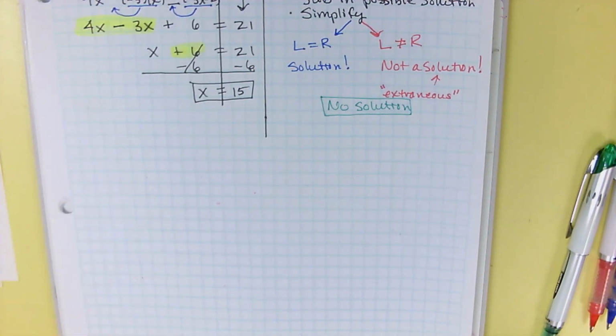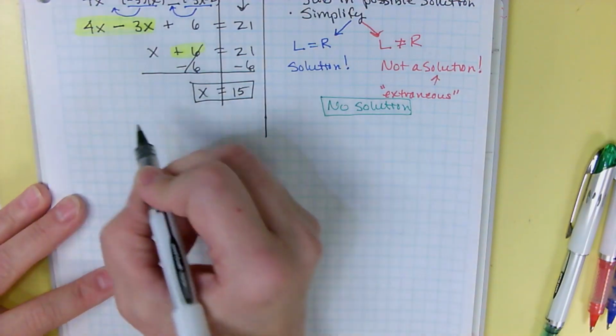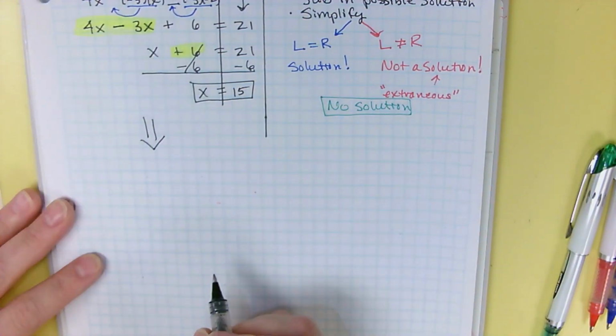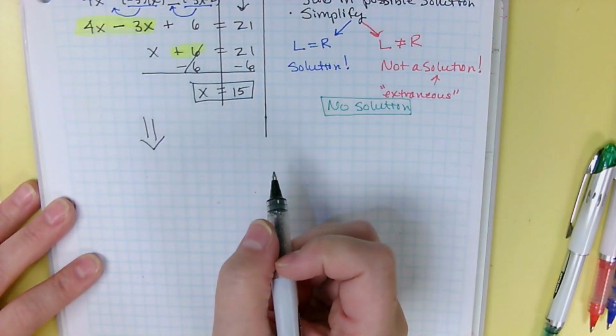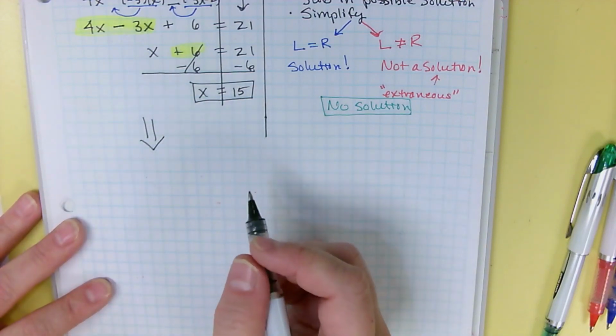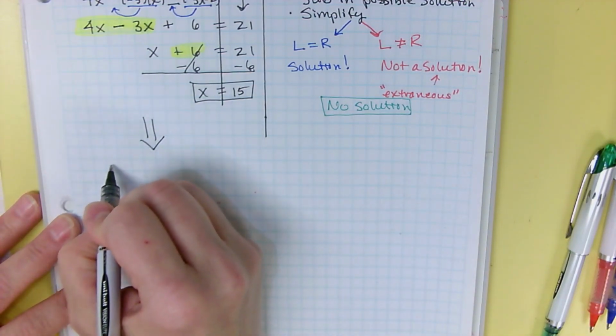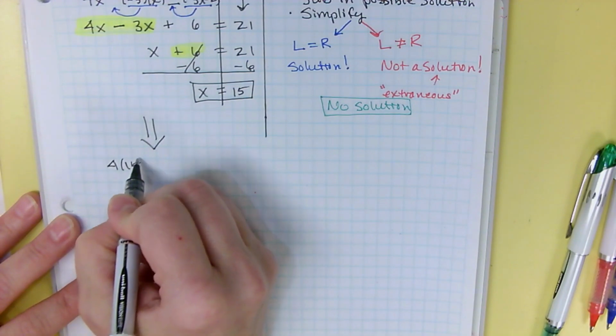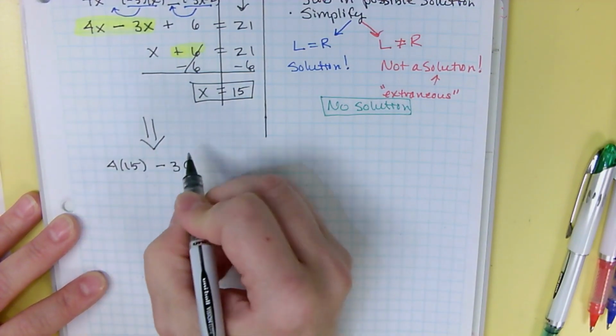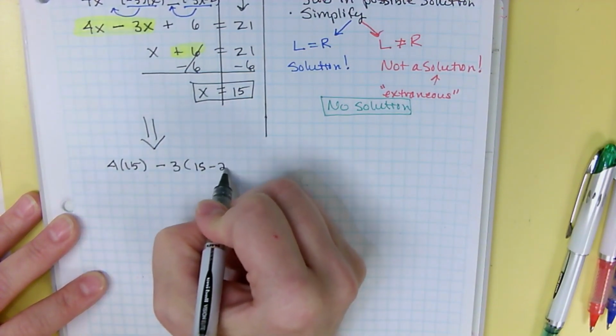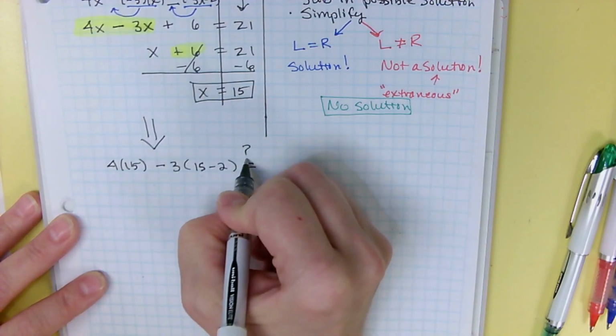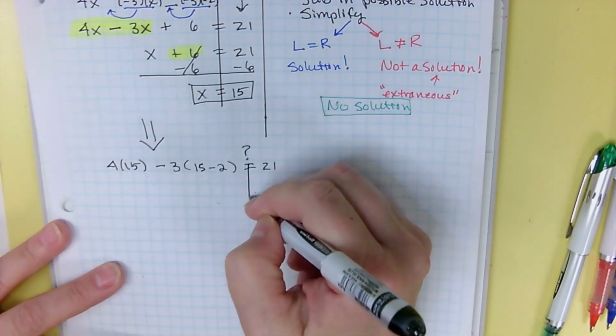All right, so let's check our solution. We're going to check this one. And our solution that we think might be the solution is x equals 15. So here we go. We're going to substitute it in. So 4 times 15 minus 3 times 15 minus 2, and big question mark, does that equal 21?